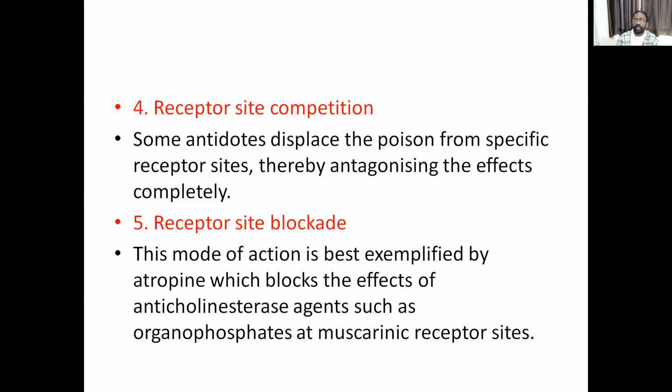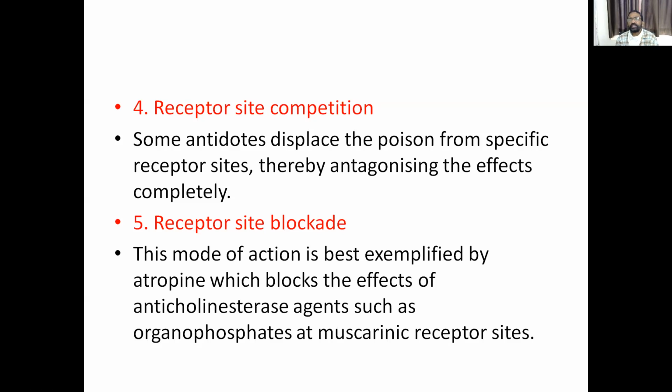Receptor site competition. That means these antidotes displace the poison from the specific receptor sites, thereby antagonizing the effects completely. This is another type of action of antidotes. Receptor site blockade.